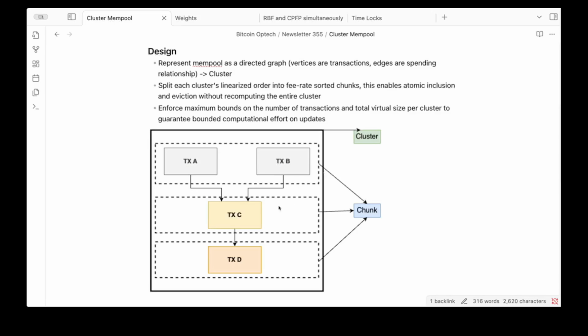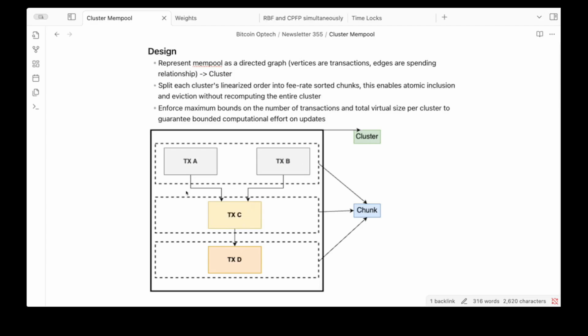So in this diagram, you can see there are 4 transactions. From the vantage of transaction C, it has ancestors A and B, and it has a descendant D. So what this cluster mempool design does is that it groups these 4 related transactions as a cluster, and inside these 4 related transactions, you have different chunks.